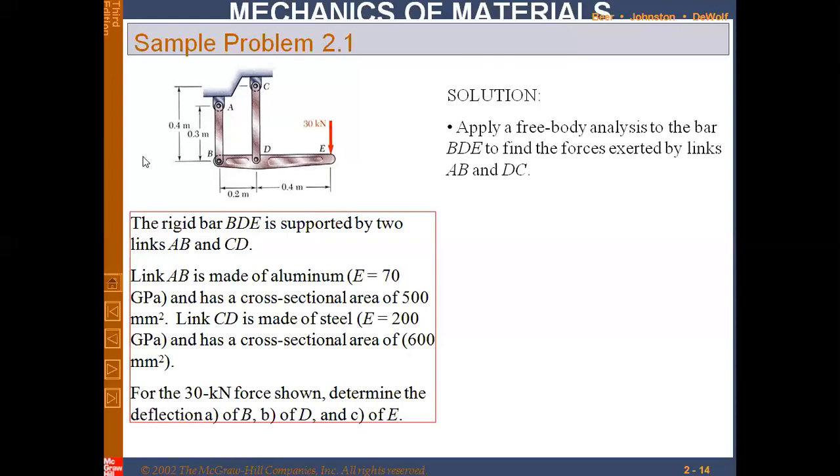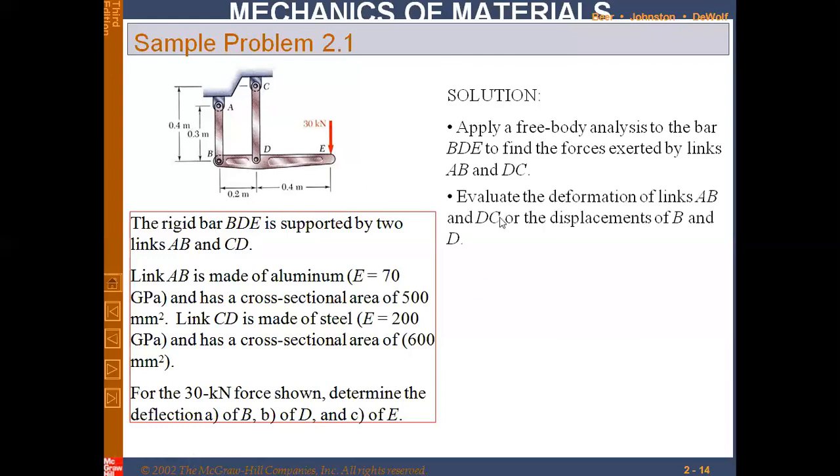As we know, we have to separate each and every member of the system from each other, and show the external forces and the reaction forces on each member of the system, and then we try to solve the problem.